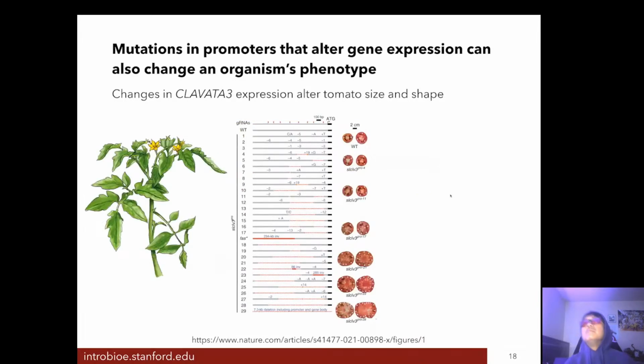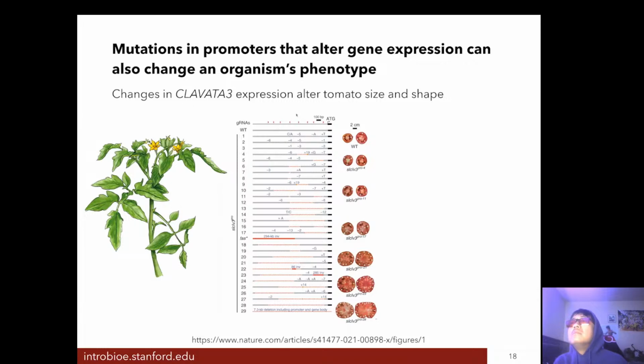Now, it's not just in the protein coding regions that changes in DNA sequence can dramatically alter an organism's phenotype. Here's an example from tomato, where scientists made changes in the promoter region upstream of a gene called clavata3. These mutations change how strongly clavata3 is expressed.